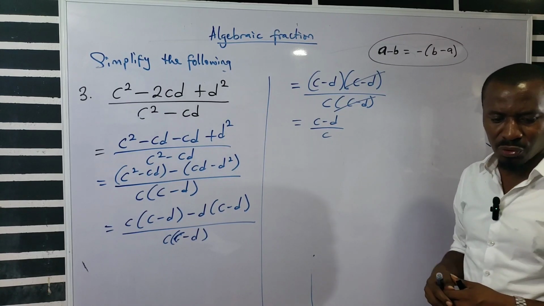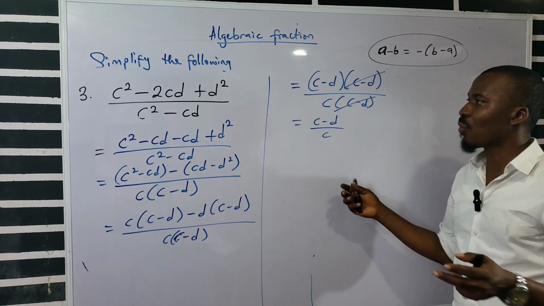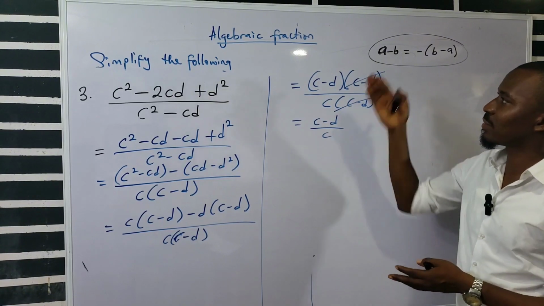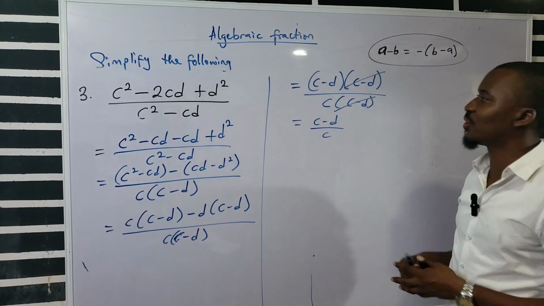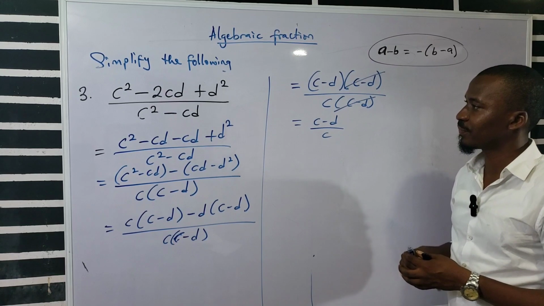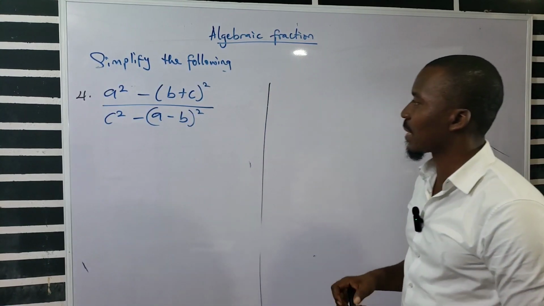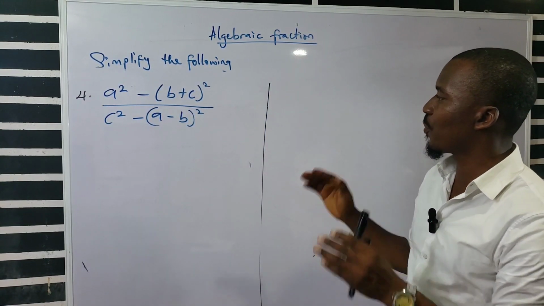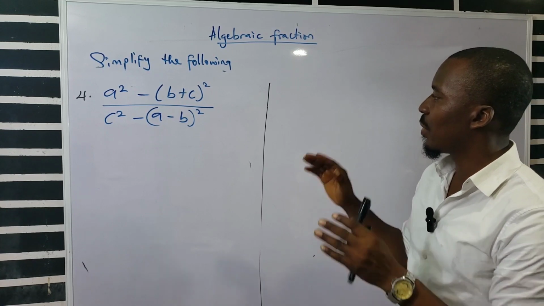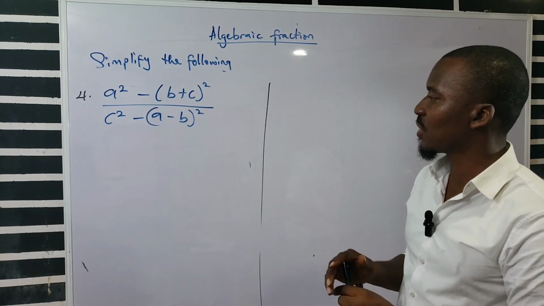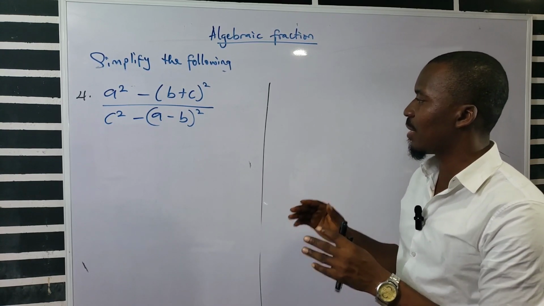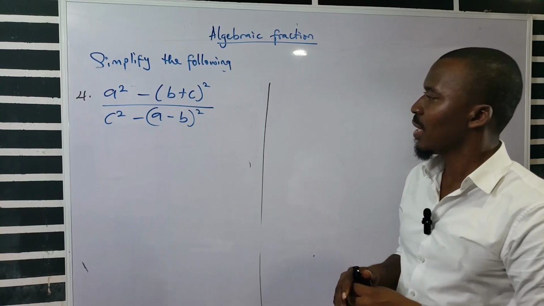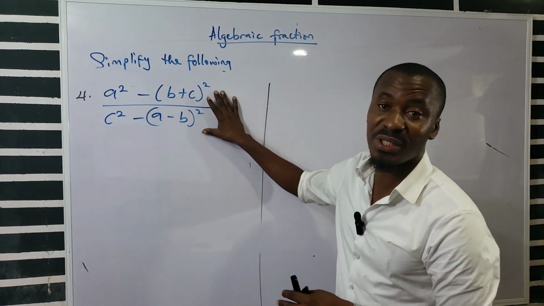Let's solve one or two more examples before we move to other subtopics under algebraic fraction. So look at this kind of question. We have a square minus open bracket b plus c all squared, all over c square minus open bracket a minus b all squared. Now, it does not change it.